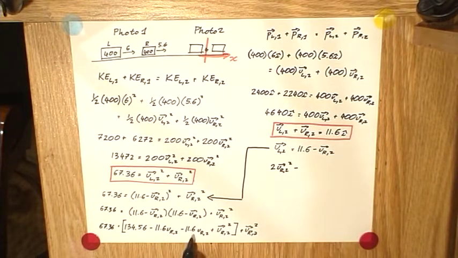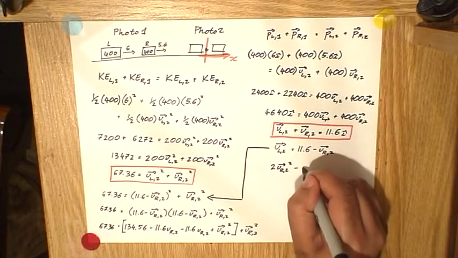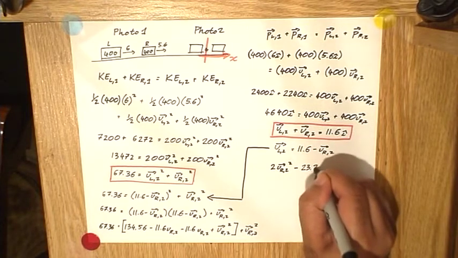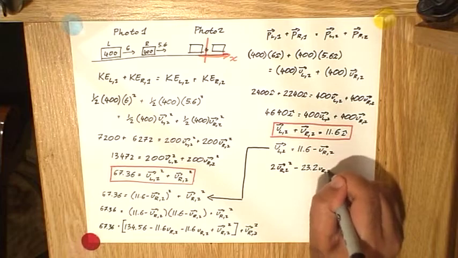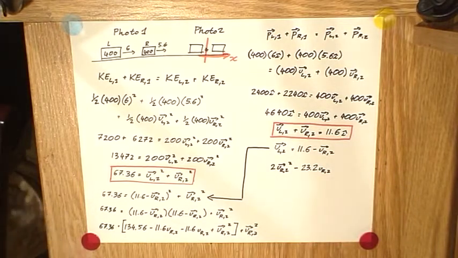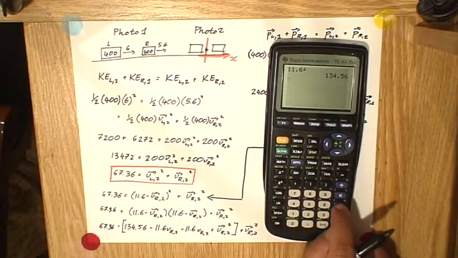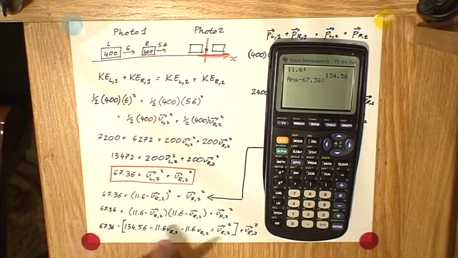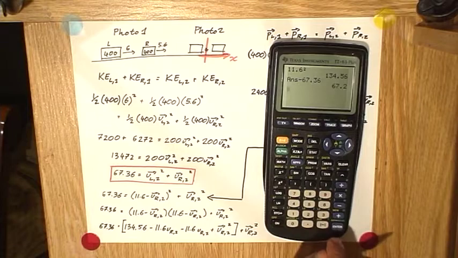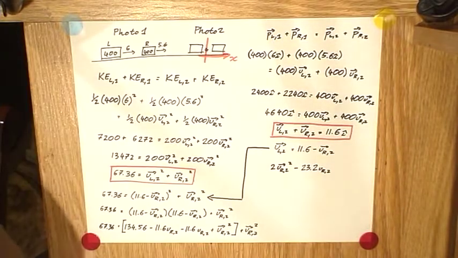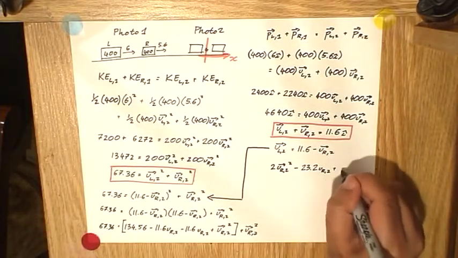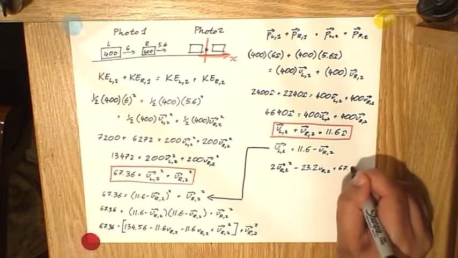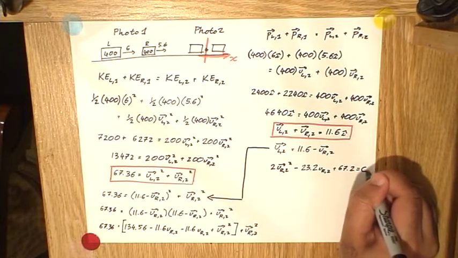Minus 11.6 minus 11.6 is going to give us 23.2 VR2. 134.56 minus 67.36, because I can now subtract this from both sides, gives us 67.2. Plus 67.2 is equal to 0.